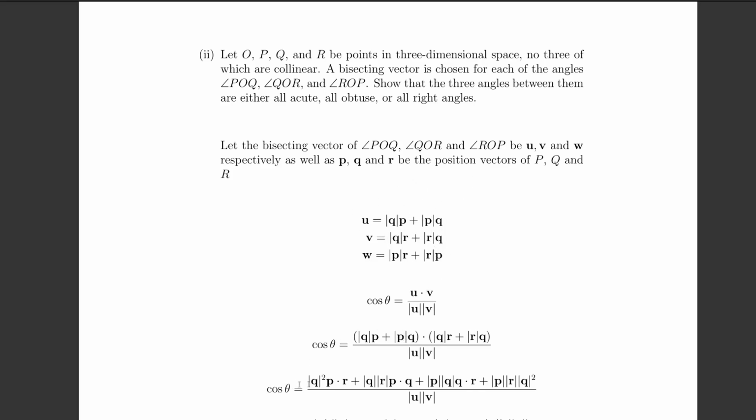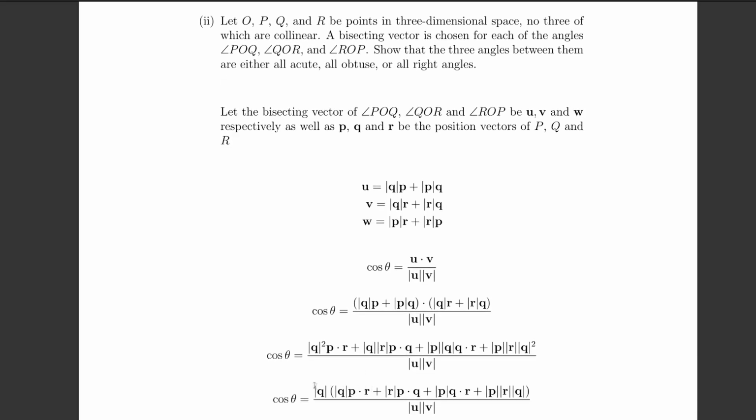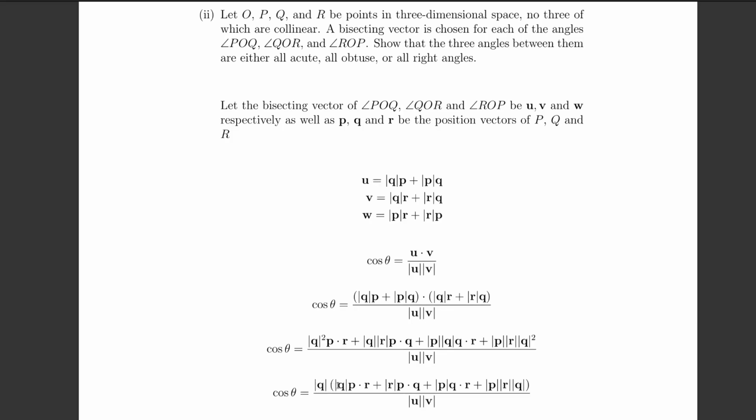For this cosine, if we factorize out the magnitude of q from it, we get something like this. And this is symmetrical in this term, right? So if it's symmetrical in this term, that means that it doesn't matter whether you started off with P, Q, or R, you'll eventually get this term, right? So imagine we did V and W instead. We'll eventually get this term, right?